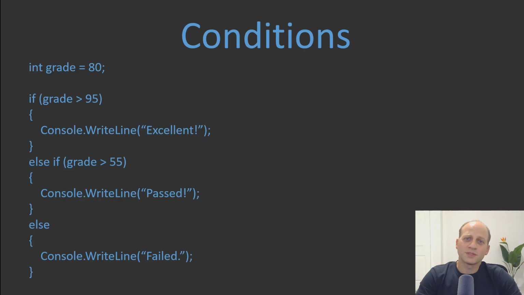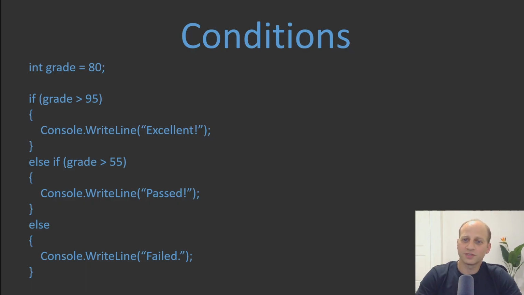Now, sometimes we may want to have a condition that will run in case the previous condition was evaluated to false. For example, we want to check if a student has a grade higher than 95, or if it's not higher than 95, then we want to check if it's higher than 55, or if it's 55 or less. In this case, we can use the if statement, and in the else, instead of adding a block of code, we immediately add another if statement.